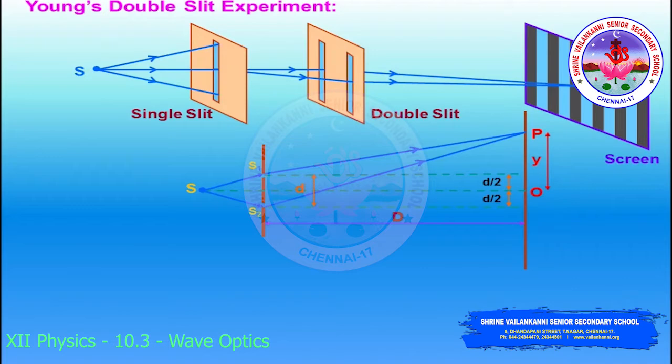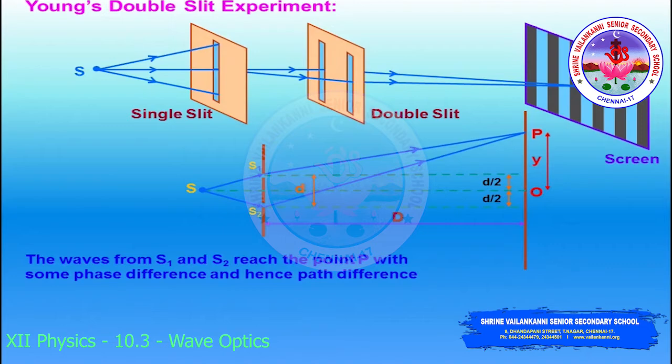Also we know that the nature of the interference at the point P depends on the phase difference and the path difference. Now we know that the path difference is S2P minus S1P. For that we have to take the right angled triangle.